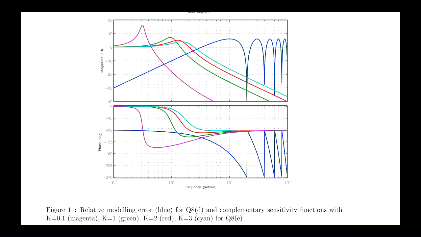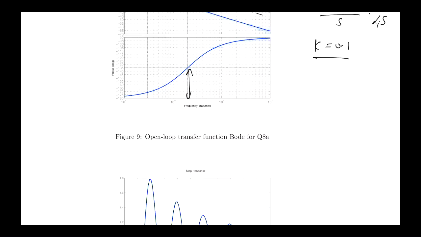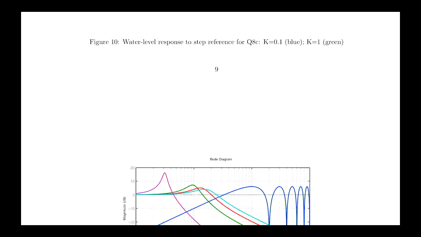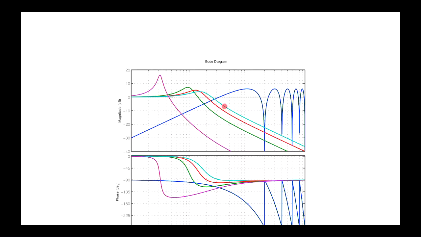All right? But by restricting the gain of the controller, in other words, putting an upper bound on the crossover frequency, we just saw that increasing the gain of the controller pushes the crossover frequency to the right. Okay, so if we stop at a certain point, our complementary sensitivity function will eventually roll off. And we're making sure that it rolls off in such a way that the product of this and this is always less than 1, so that we satisfy the small gain condition for robust stability.